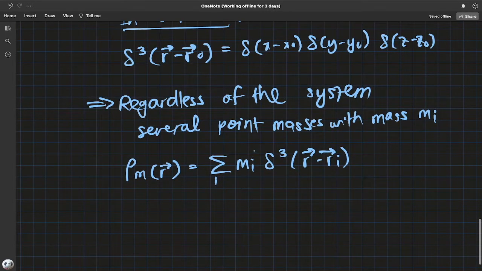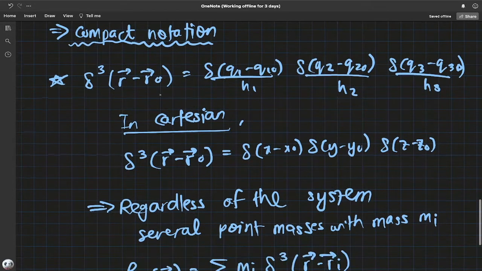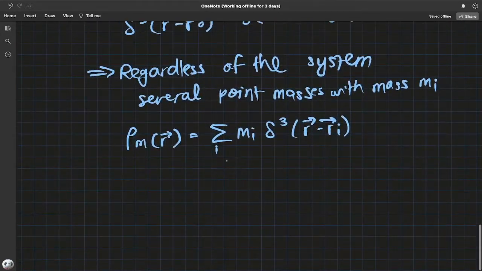So whatever coordinate system you're in, just plug in for your position vector, and substitute appropriately using this formula for the delta triplet, and then you'll be done. You can just implement it.